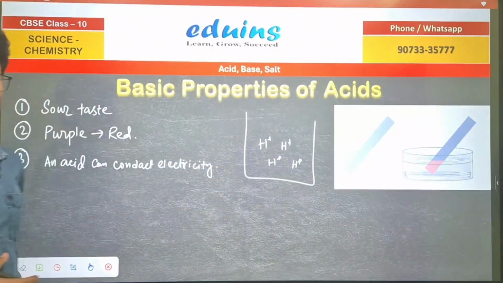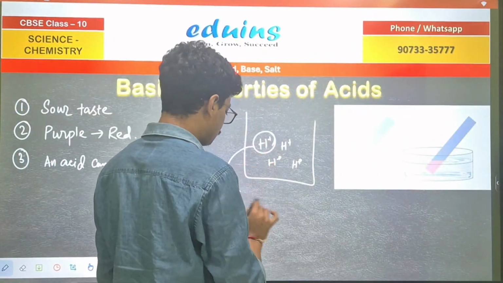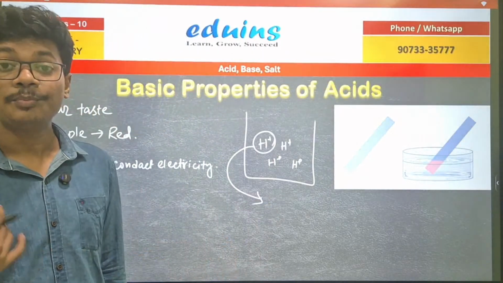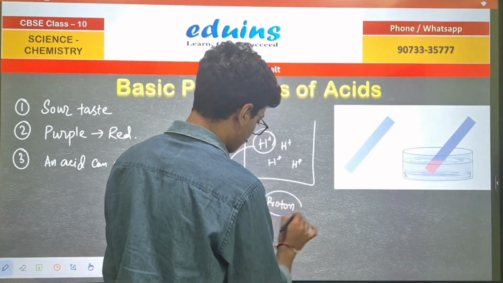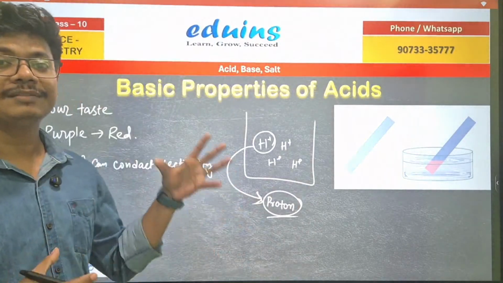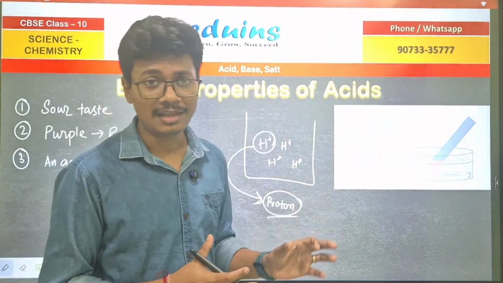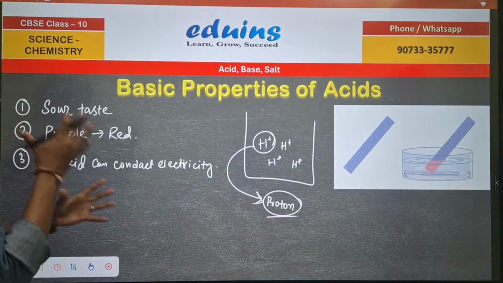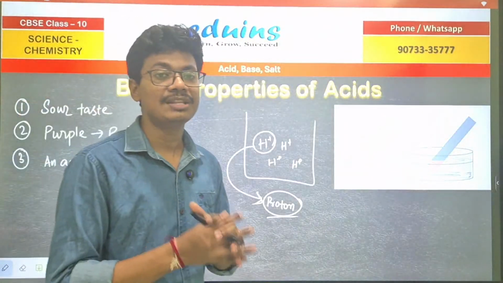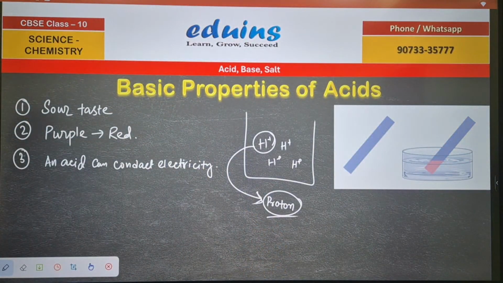These H plus ions are also known as protons. Actually, the protons or H plus ions are positively charged particles. That's why acids can conduct electricity in the aqueous solution. Is it clear to all of you?